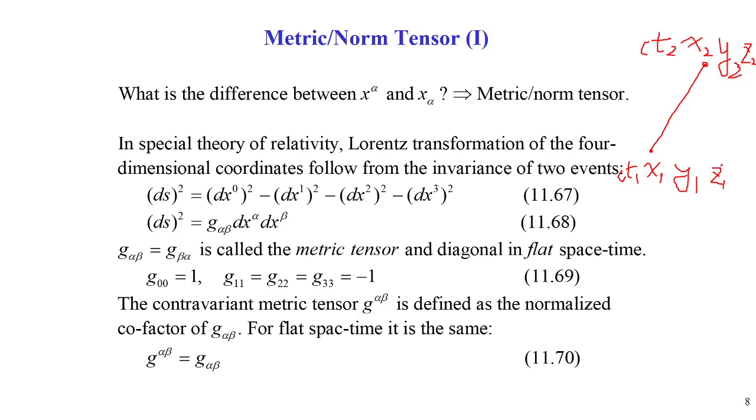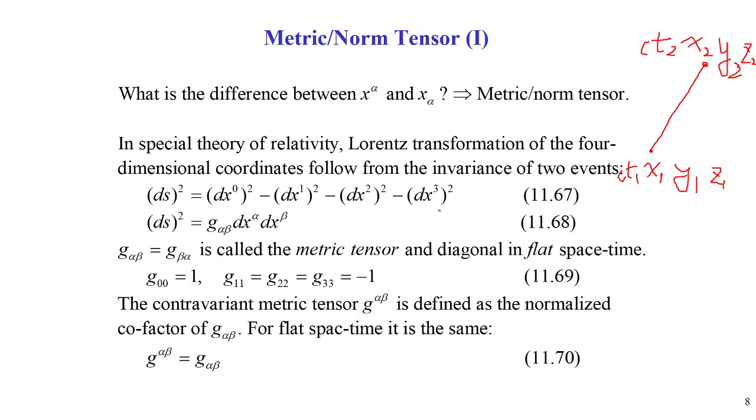Okay, two expressions. We can write another notation, x alpha, x beta, but this time we use a notation called the metric tensor. Metric tensors allow us to estimate the separation of two events. What's the difference?